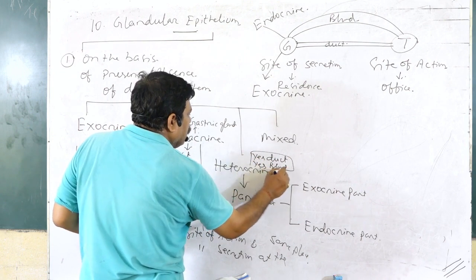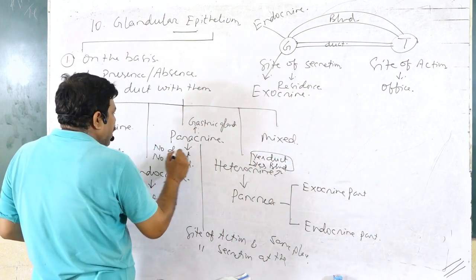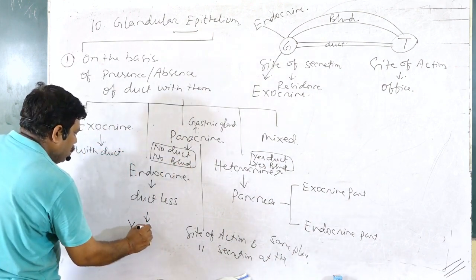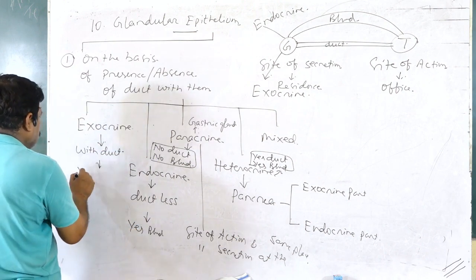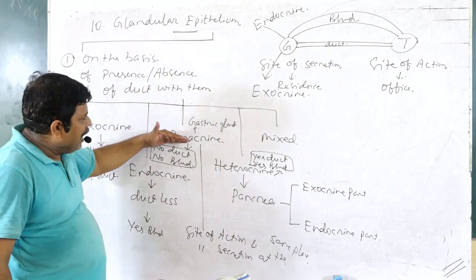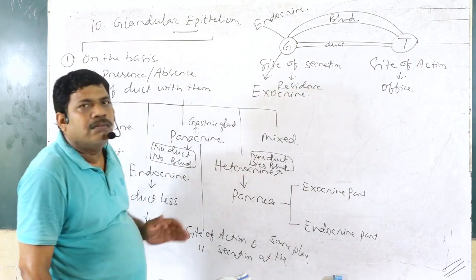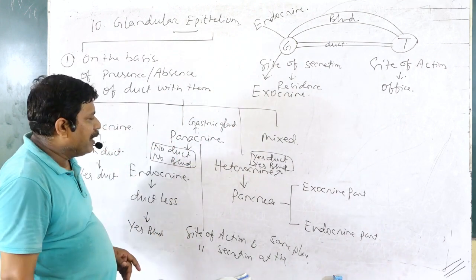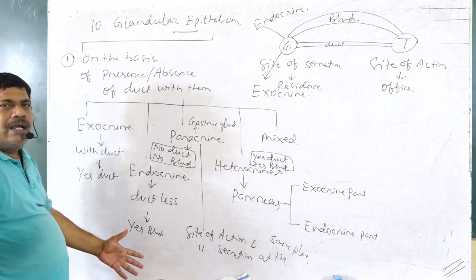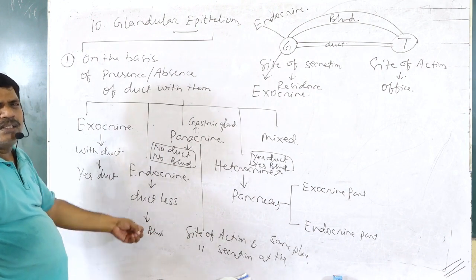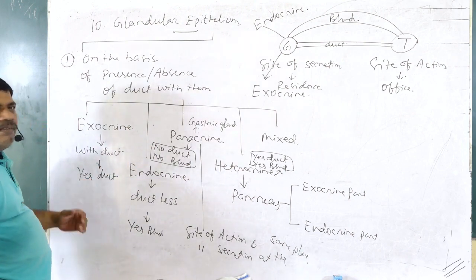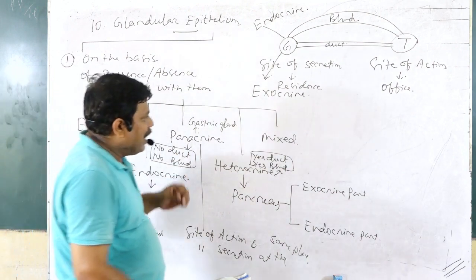This is paracrine: no duct, no blood. Your pancreas is heterocrine, unlike the several endocrine glands: pituitary, thyroid, parathyroid, adrenal, etc. Your salivary gland and liver are mixed glands.